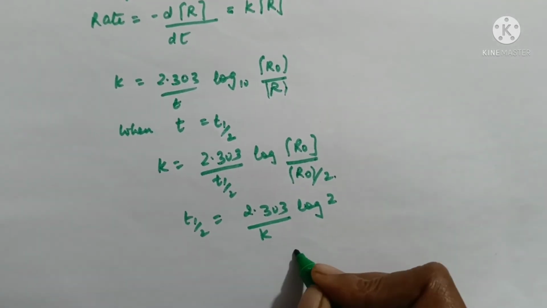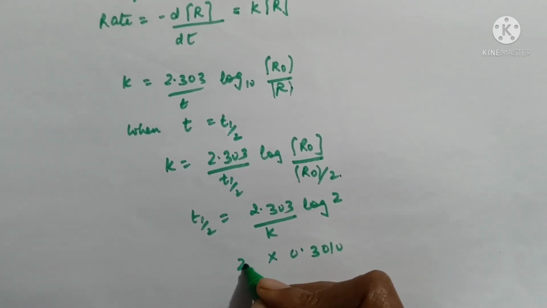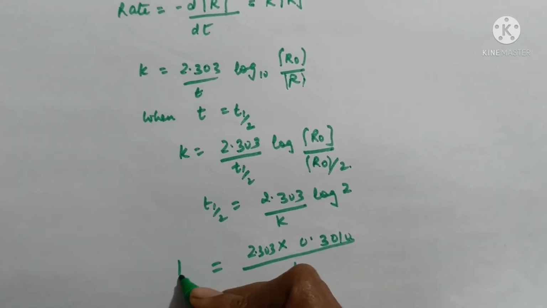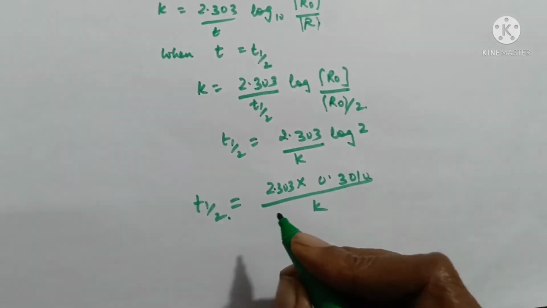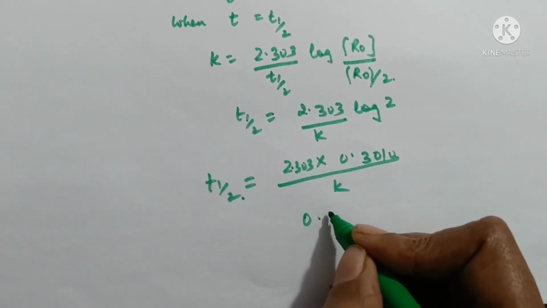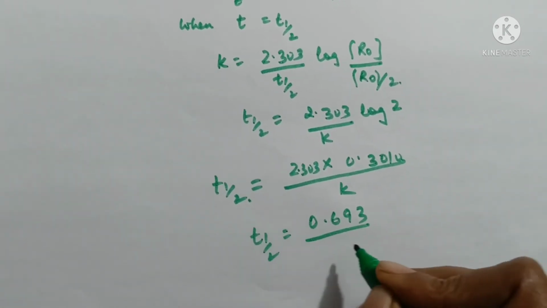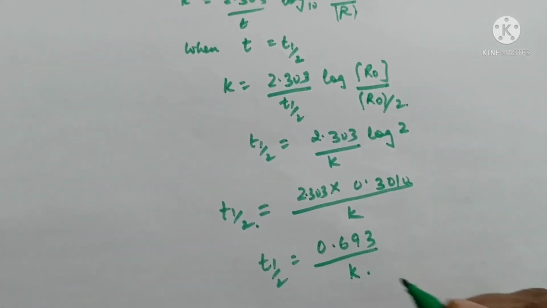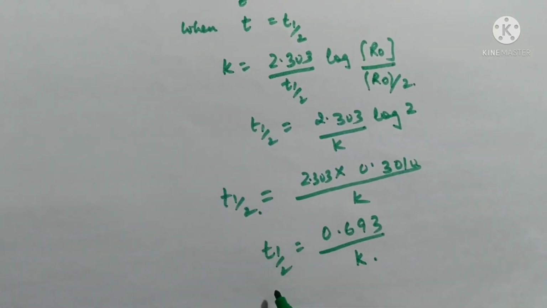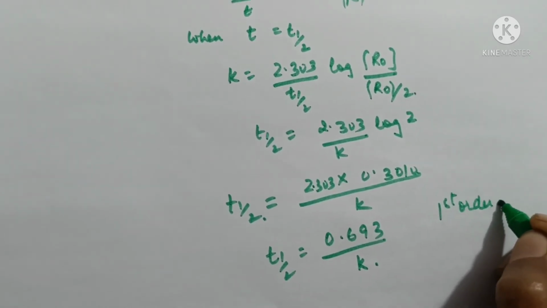But log 2 is 0.3010, so 0.3010 multiplied by 2.303 upon k gives the half-life, as this multiplied by this is 0.693. So t half will be equal to 0.693 upon k. This is the equation for half-life of a first order reaction.